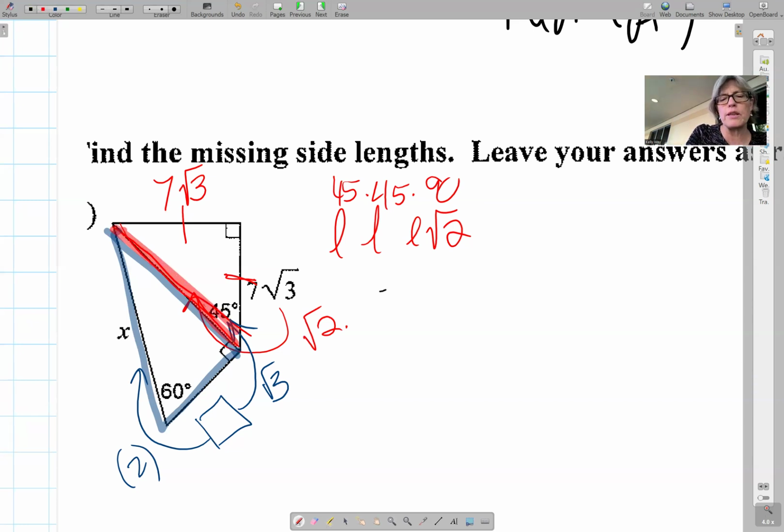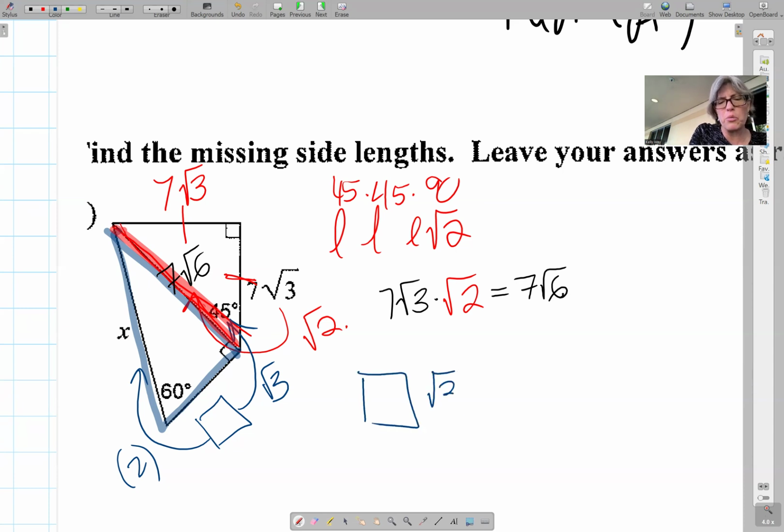So it's going to look like this, 7 root 3 times root 2, which is going to make this, of course, 7 root 6 right here. And we have here short leg root 3. So it reads like this. Something times root 3 is 7 root 6. So you're going to divide out the root 3.